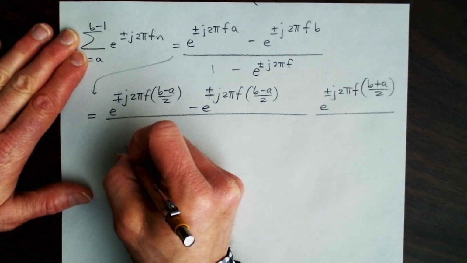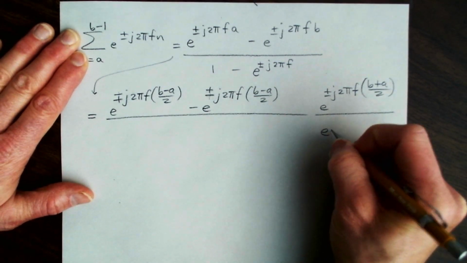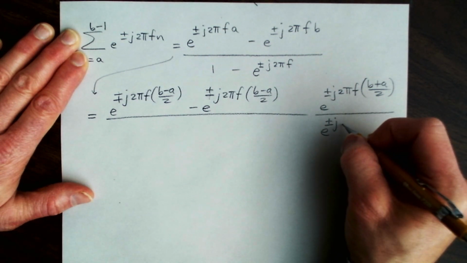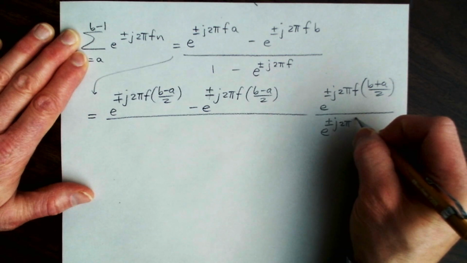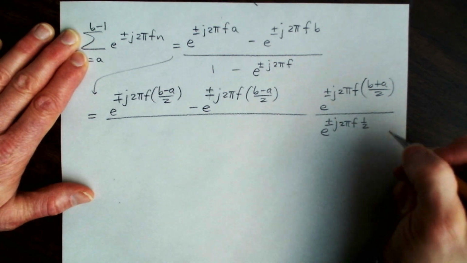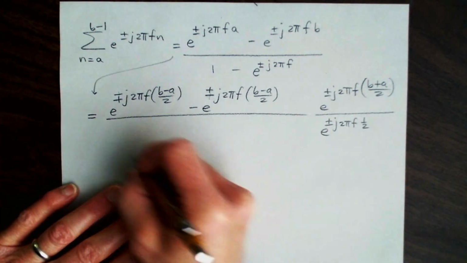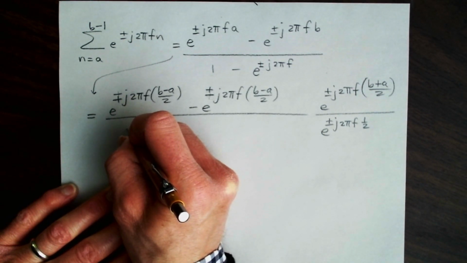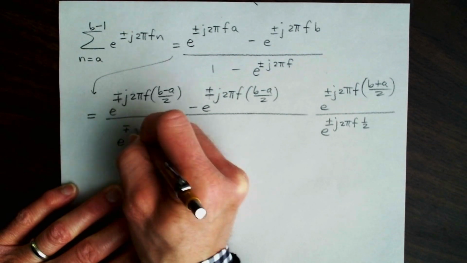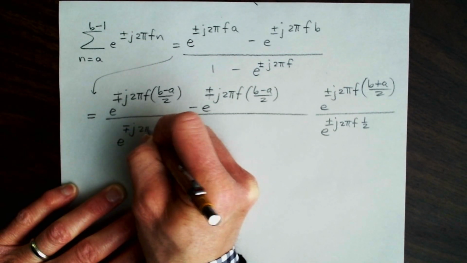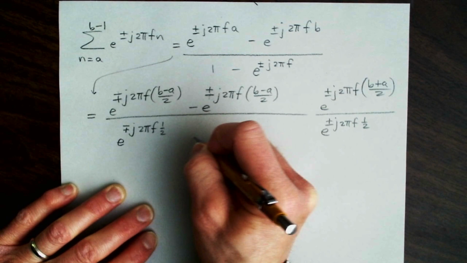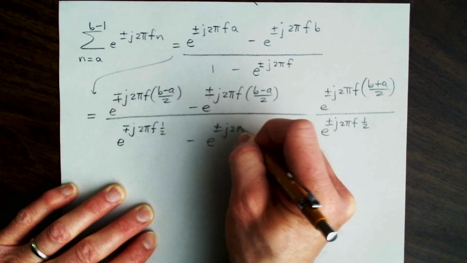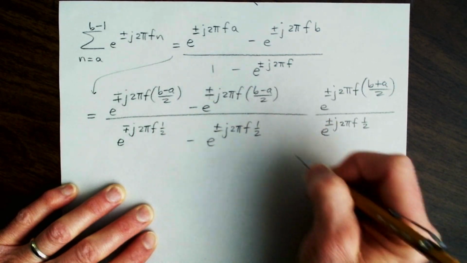Let's apply the same trick in the denominator. The piece that we're going to factor out is the average of the two arguments of the exponentials. And after we're done with that, we will have e to the minus or plus j 2 pi f 1/2 minus e to the plus or minus j 2 pi f 1/2.